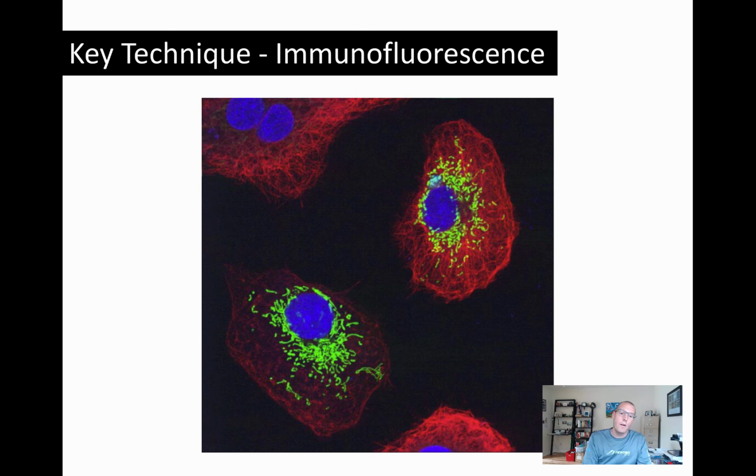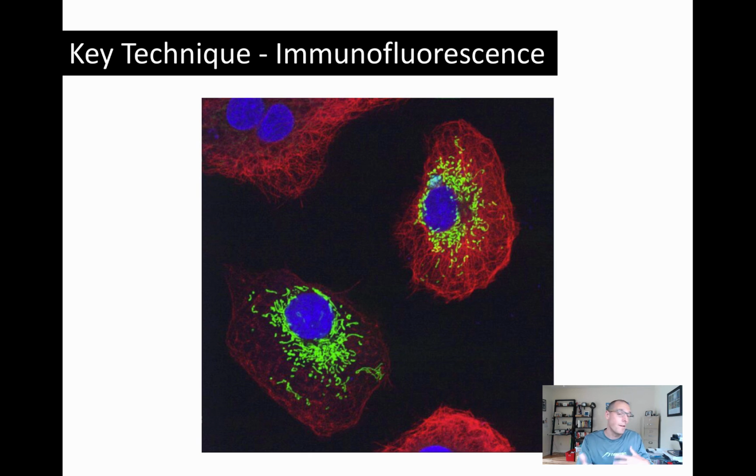And we've also got a blue stain here, and that's a stain called DAPI, and that's used to bind to DNA. It only binds to the nuclear DNA, so that's all we see. So here we've got a nice image of mitochondria being stained with green fluorescent protein attached to a protein which goes into the mitochondria, the microtubules in red, and then the nucleus in blue.